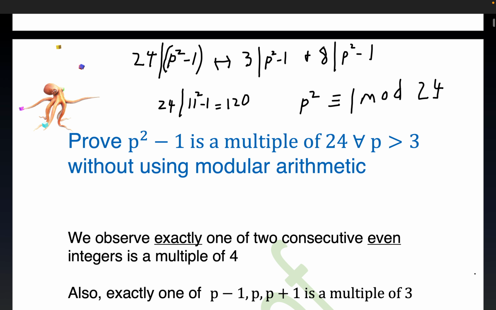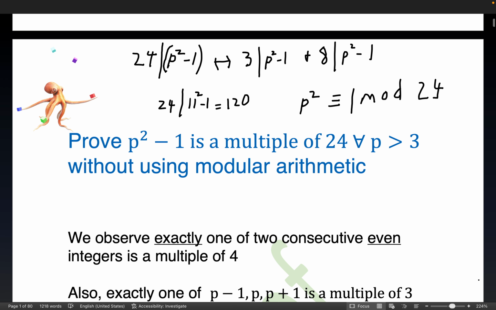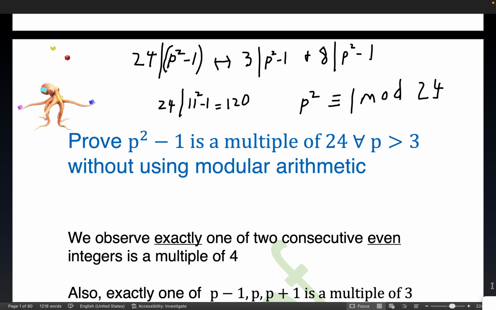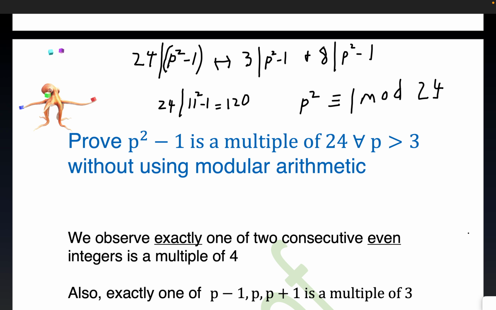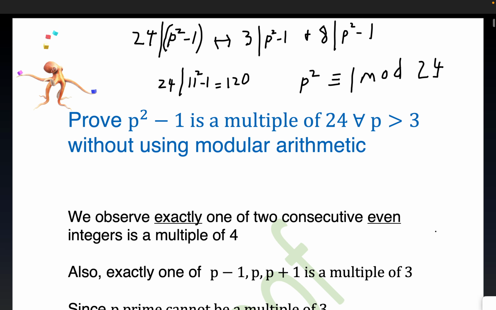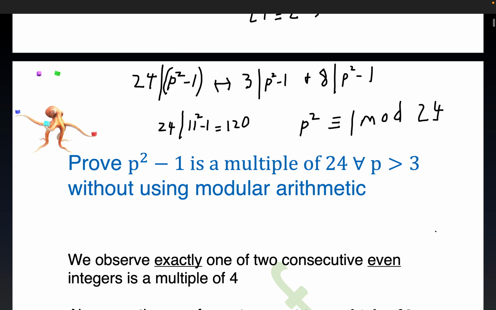Okay, this very first statement here: exactly one of 2 consecutive even numbers is a multiple of 4. Now that's fairly easy. Let's see if we can prove that. Most people believe that, but I think it requires some proof. Let's do maybe 2k, and then 2 times k plus 1.